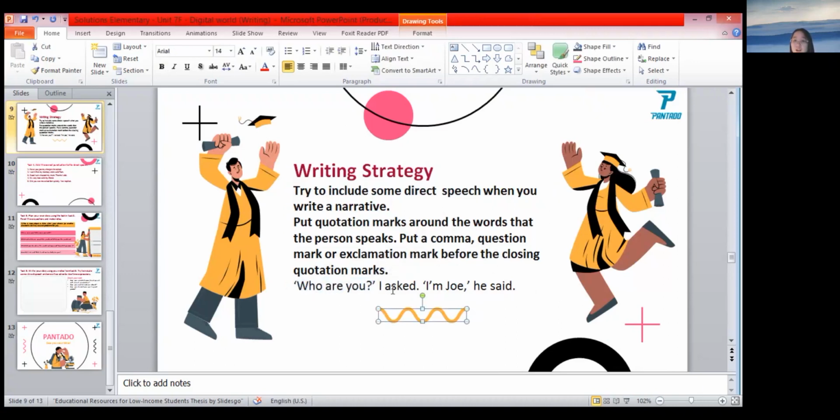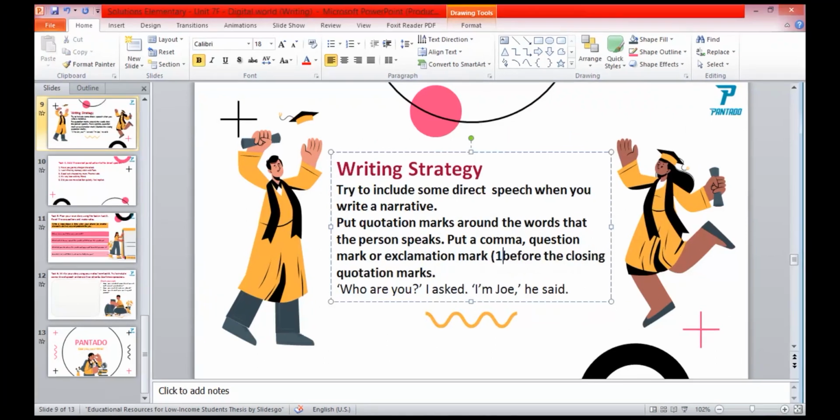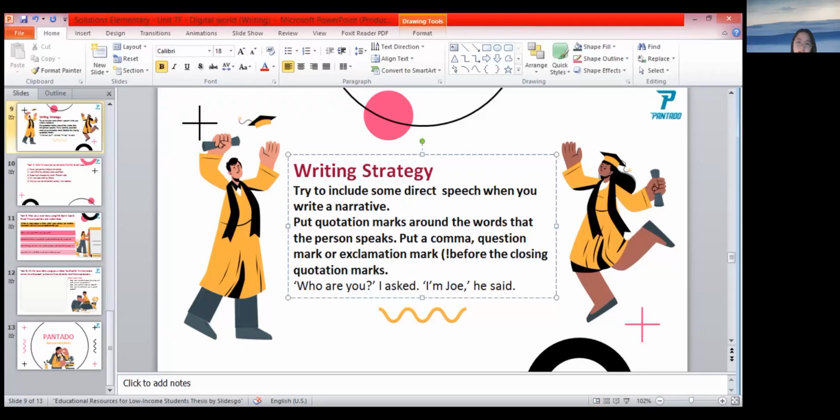"Who are you?" I ask. Okay, this is the quotation mark. The exclamation mark is this one. This is the exclamation mark. The question mark is this. This is the comma.